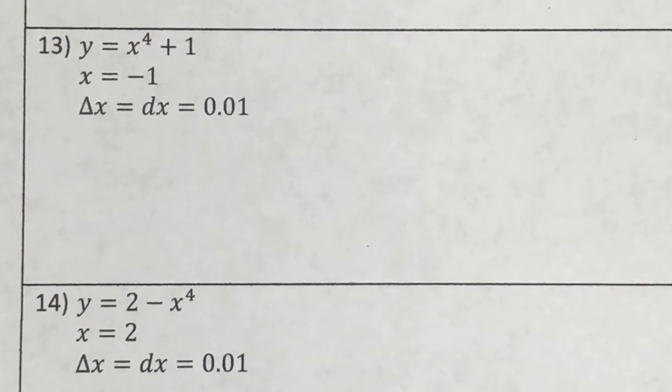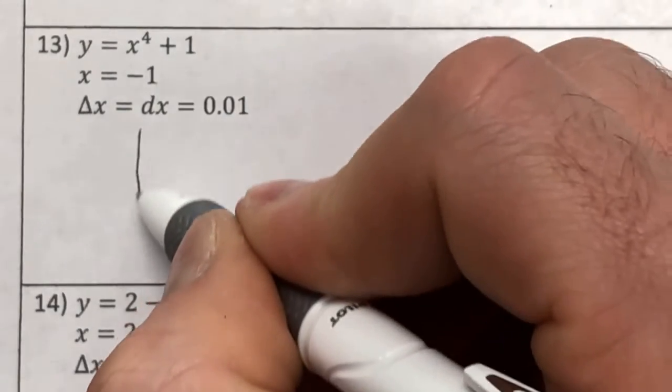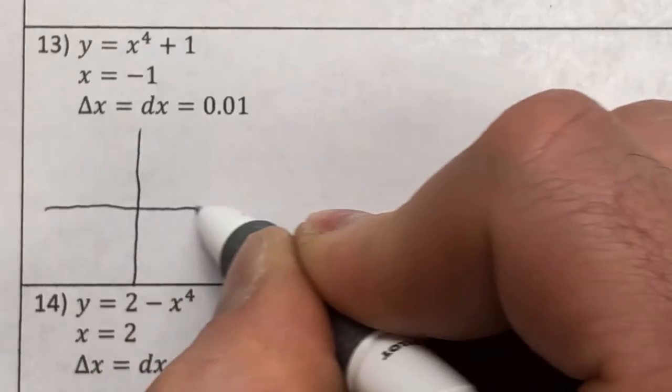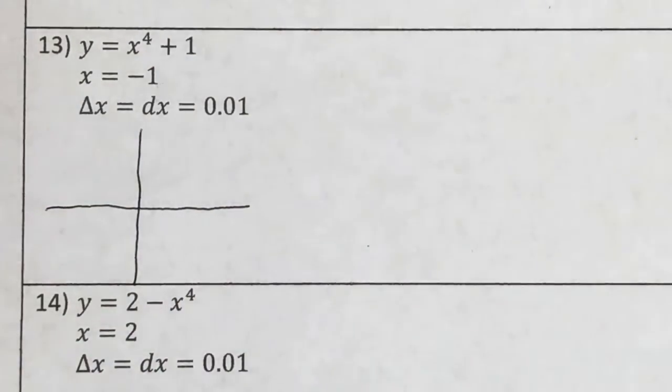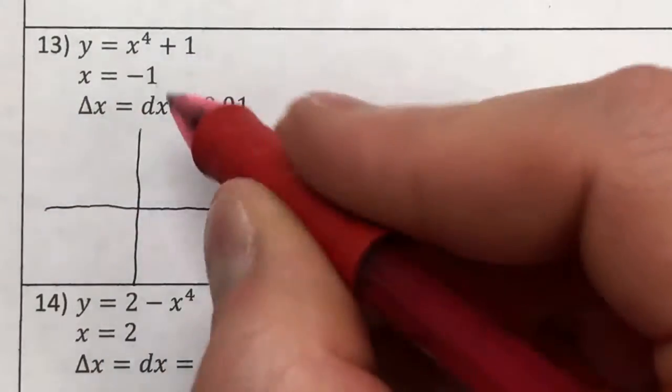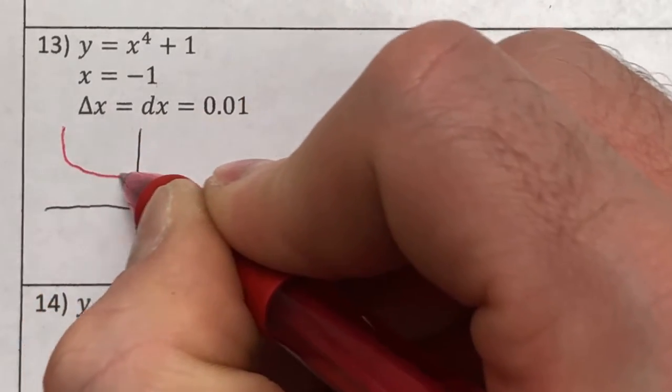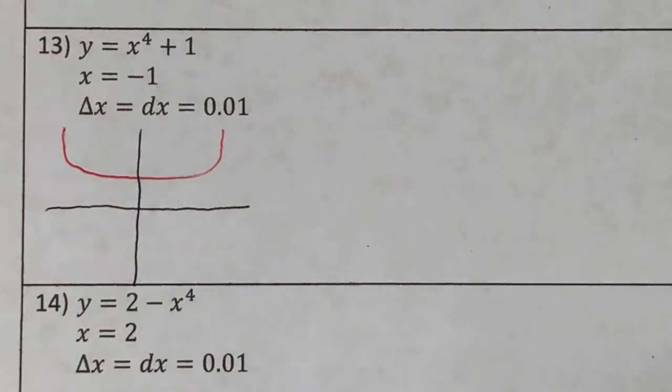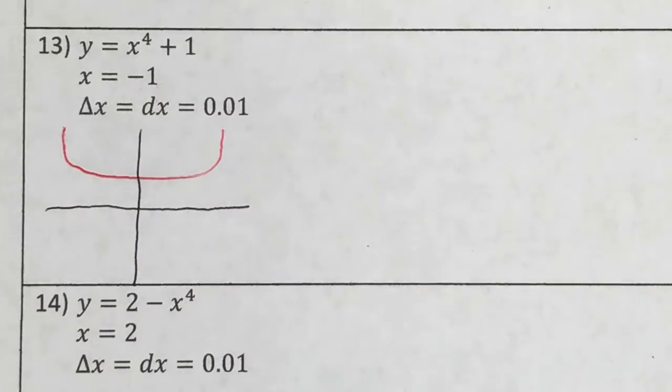Okay, so now that you've had a shot to try it out, let's see what this is going to do. Now I'm going to go ahead and draw a sketch just so I kind of see what's going on here. So I have this. I know this fourth power is going to be like a quadratic, but a little flatter. It's going to be something like that because it was shifted up by 1.